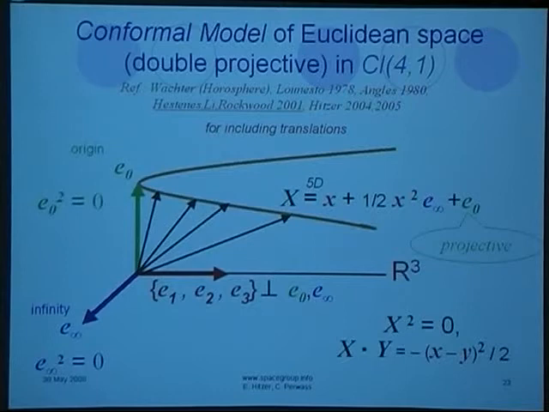in the so-called conformal model, which also Eduardo introduced for his robotics application of Euclidean space, it's also called double projective or double homogeneous. So that's in the geometric algebra of pseudo-Euclidean space with signature 4(1), so adding 2 dimensions.